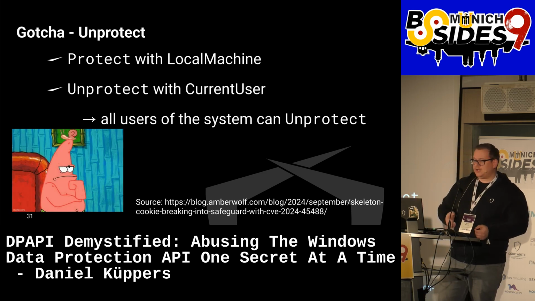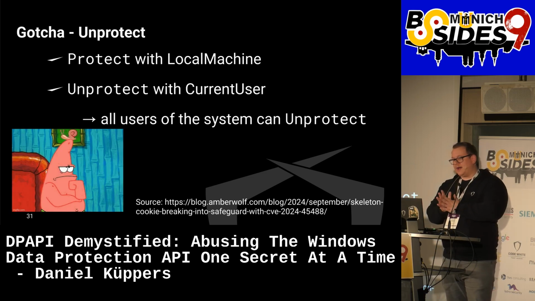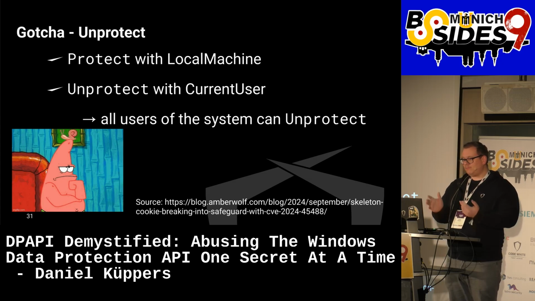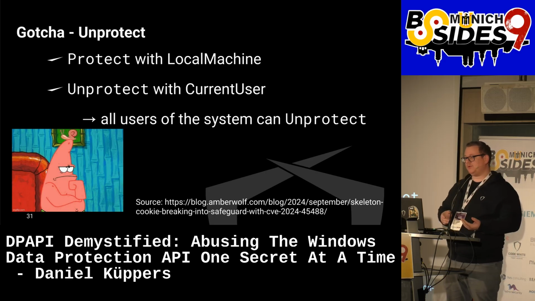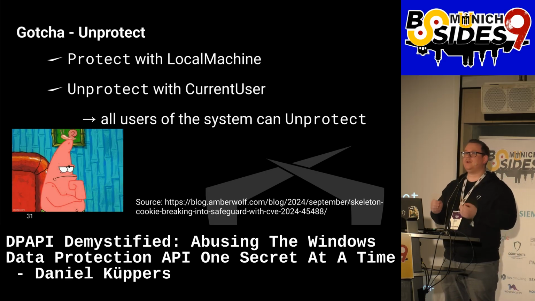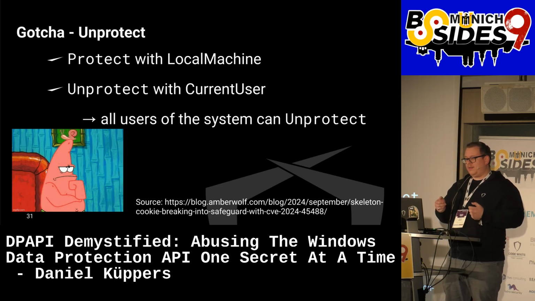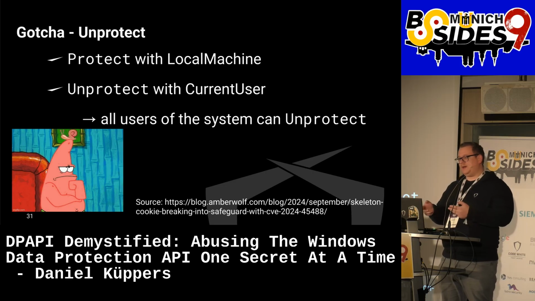The second gotcha is the unprotect function itself. So Hamberwolf has found a critical vulnerability by exploiting this behavior. And that is a really interesting one, for me at least. They send an auth cookie to the web app that gets DPAPI decrypted with the current user context.